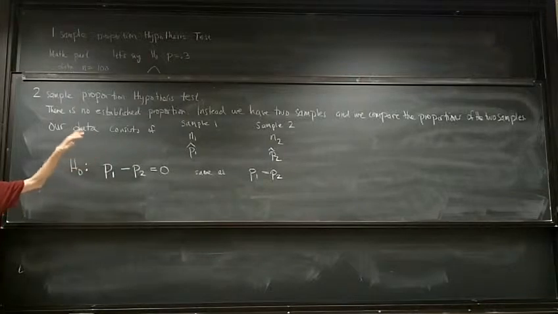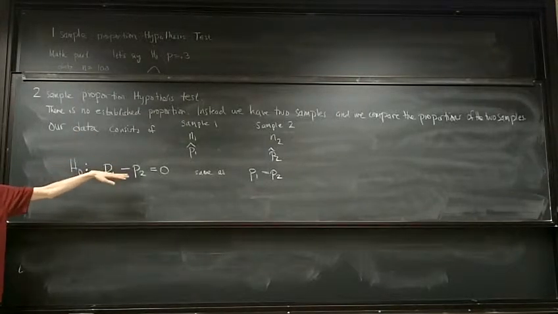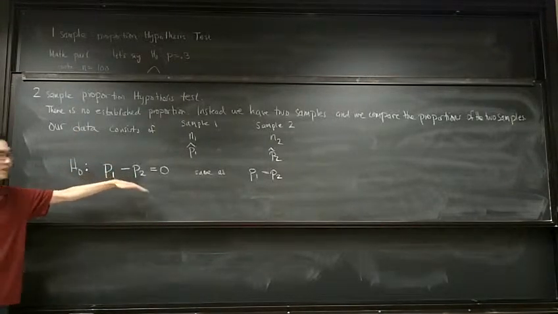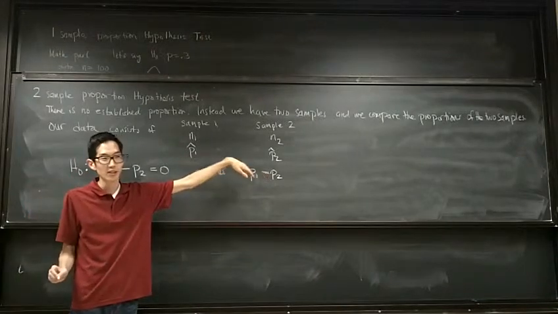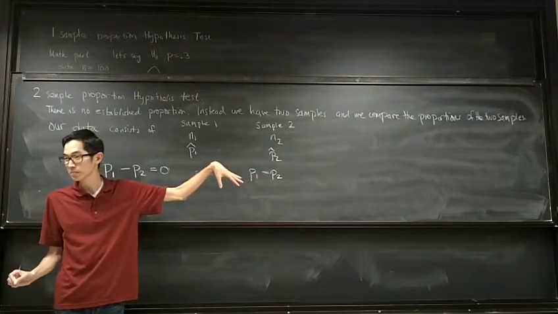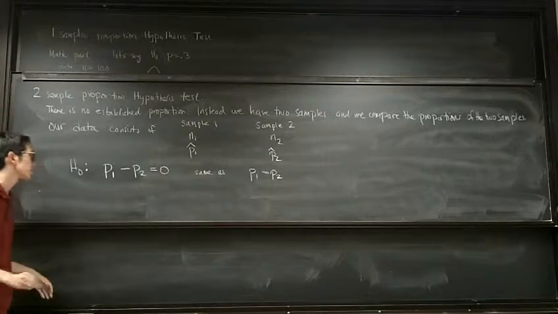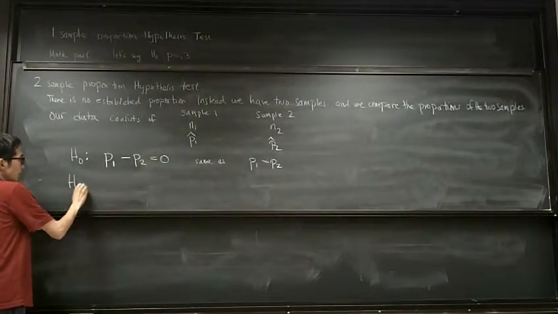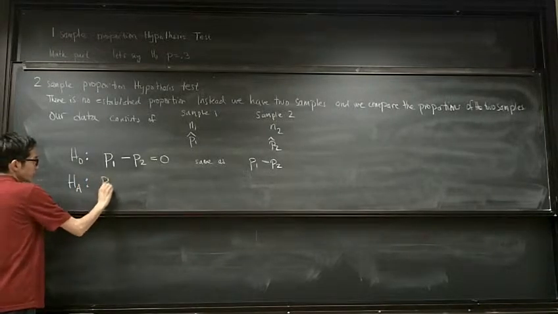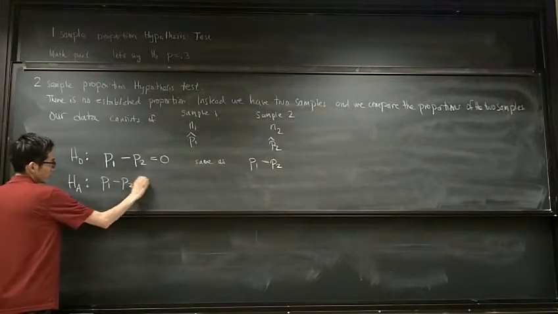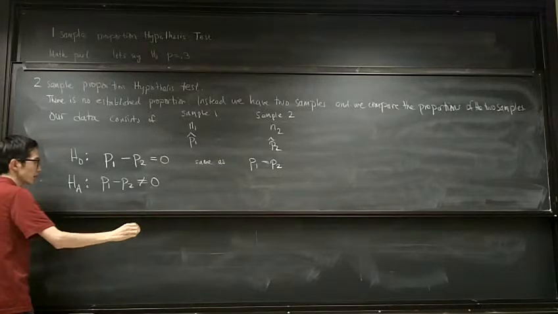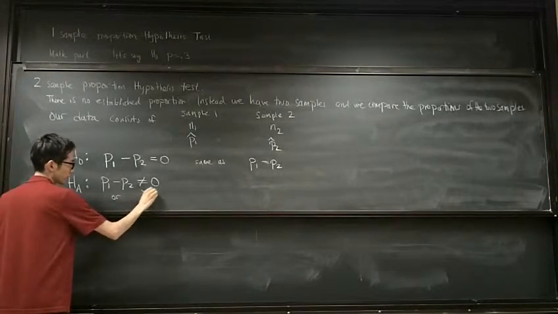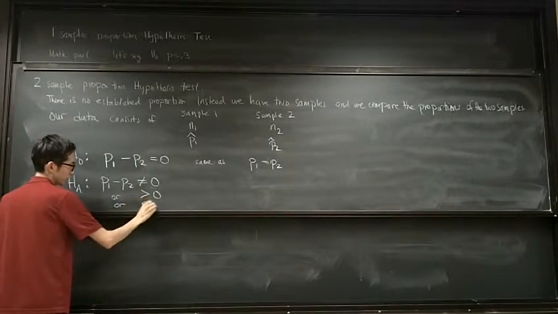So we can either say that the difference between the proportions is 0, or that there's no difference, and that's the same thing as saying they are equal to one another. And then the alternative can be P1 minus P2 doesn't equal 0, that's probably the most common, or we can do is greater than 0, or is less than 0.